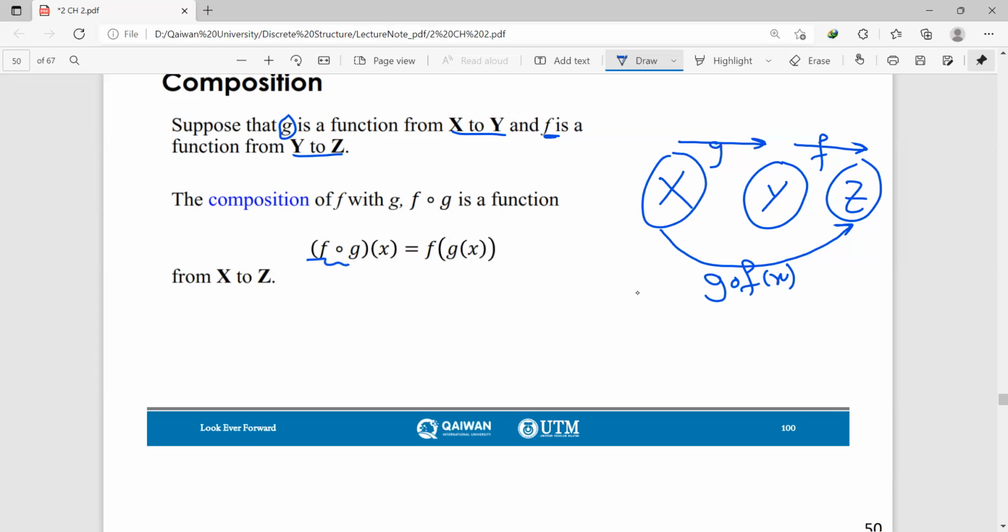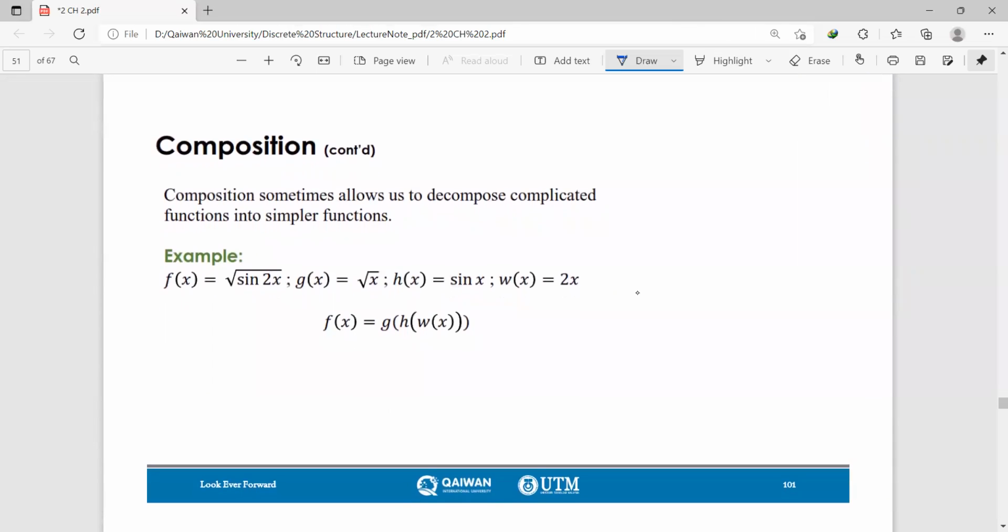f circle g, or g circle f. It also could be written like this: f of g of x. Here we are going to replace each x in f by g of x. Let's take an example.